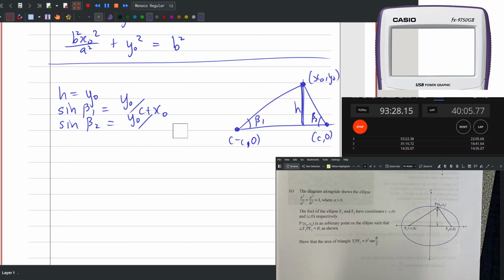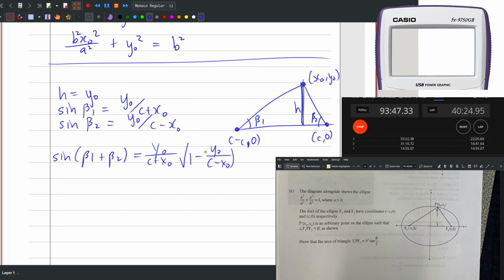It should be c minus x naught, right? Surely. Okay, and then so. I don't know, there's just symmetry going on, but I don't know how to use it.